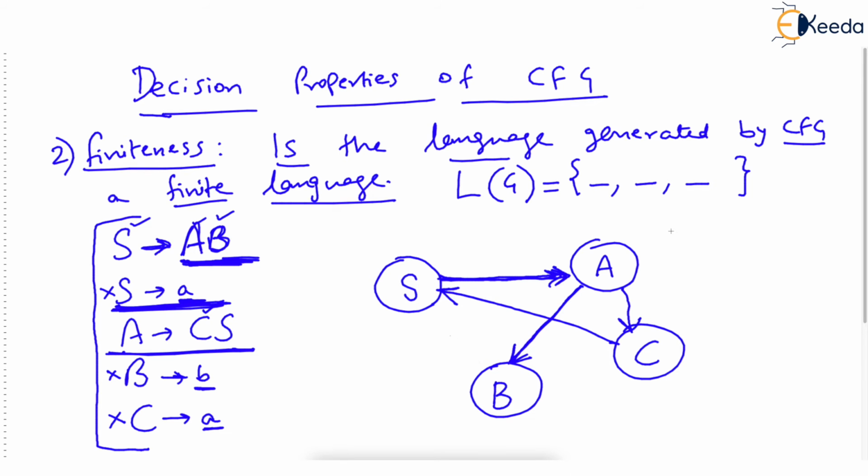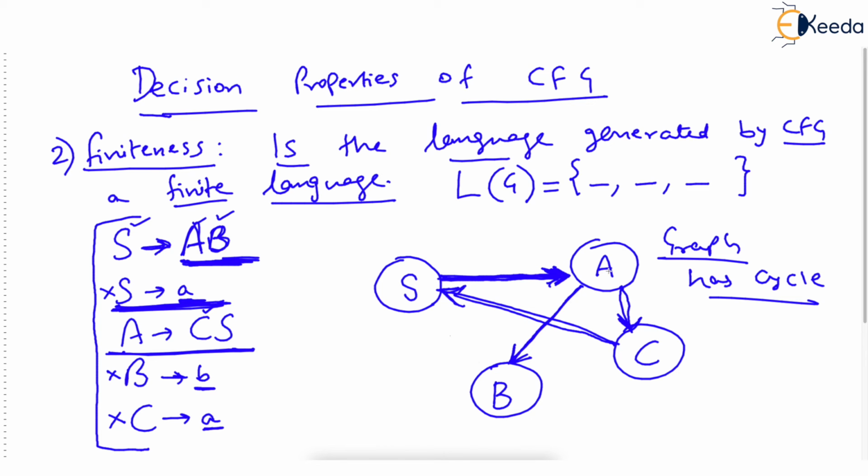Now observe the resultant graph. This graph has a cycle. The cycle is S to A to C and C to S, again S to A. Just check, there is a cycle here.